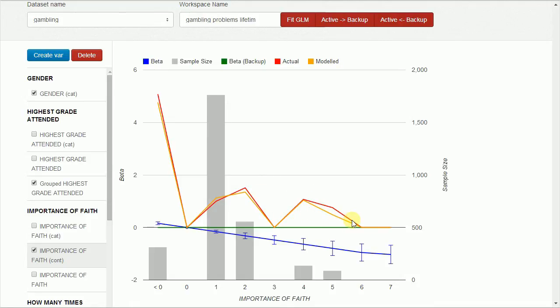But if it was a problem, all we would have to do is create a new categorical variable to indicate if the response was missing or not, like this.